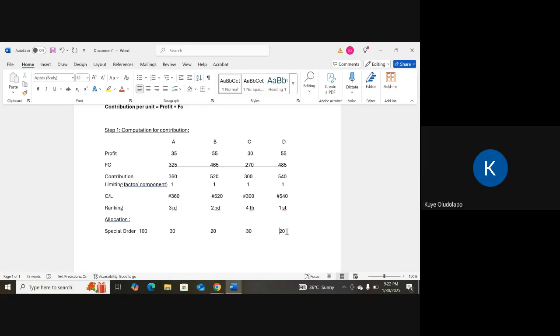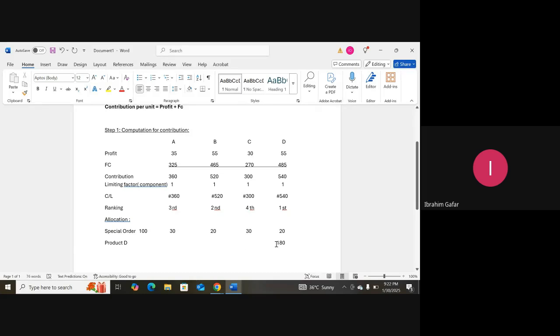Then out of that 300, D needs to take how many? 200. So from the 200 that D will take, there is 20 special order already. So the balance will now be what? 180. So then we have to allocate for product D first. Based on the ranking, we are giving product D 180.